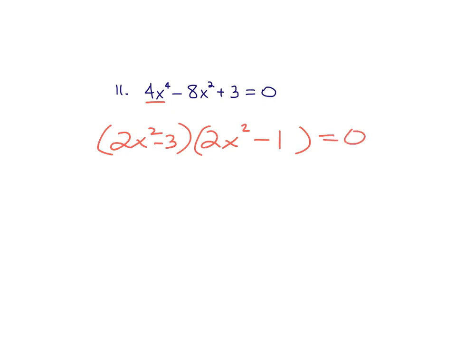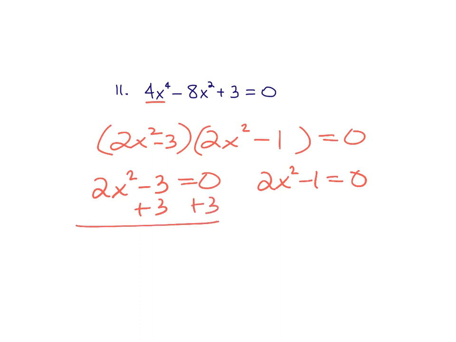So now that I factored that, now I set each factor equal to 0. Solve for x by isolating first. Divide by 2. X squared equals 3 over 2.